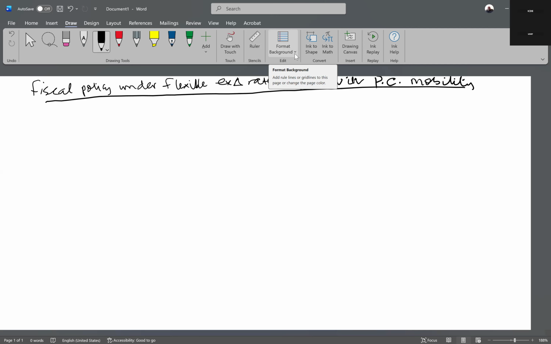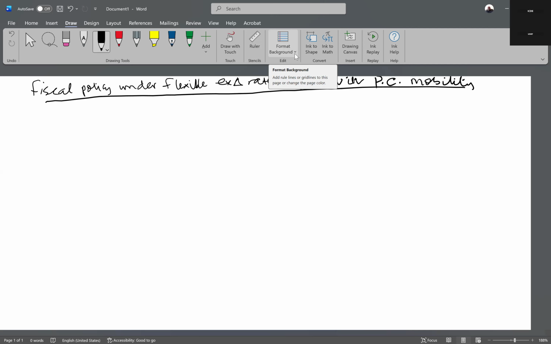And since the cedi has gained value, demand for imports will rise. So imports will exceed exports. That will cause what? Deficit. Since X minus M is on the IS curve, the deficit will lead to what? A left shift of the IS curve. The IS curve will shift to the left.